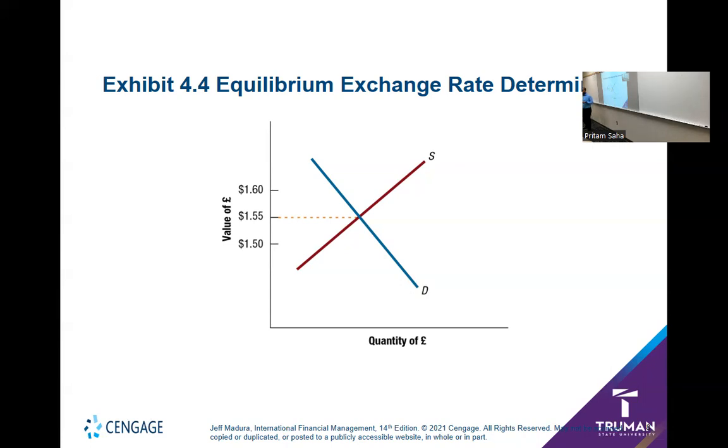So the demand from US people for the British pound is that much. The supply of UK people for the British pound is that much. And they both agreed to exchange £1 equivalent to $1.55. So when any demand and supply competing forces intersect each other, that actually determines the exchange rate, spot rate, and the quantity.